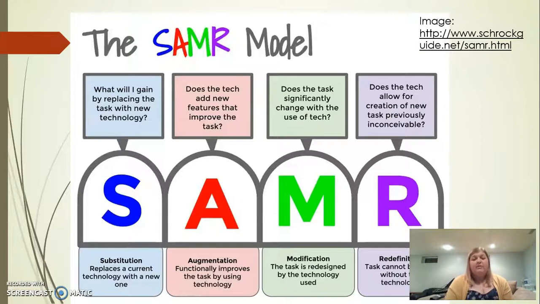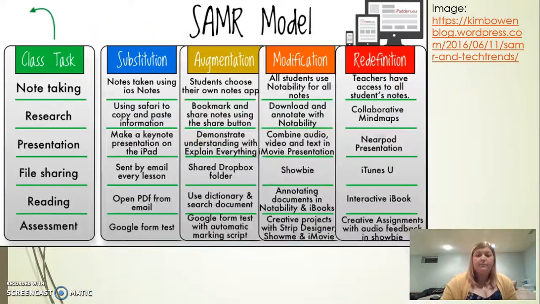But finally, the redefinition stage is when they couldn't even complete the task without the technology, and they really need it to create whatever they're creating. So here are a couple examples to see a little clearer what it looks like going from one stage to another.